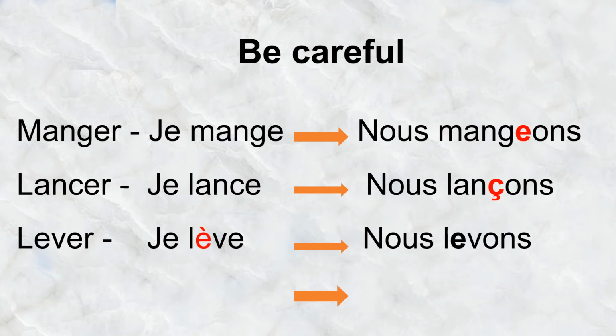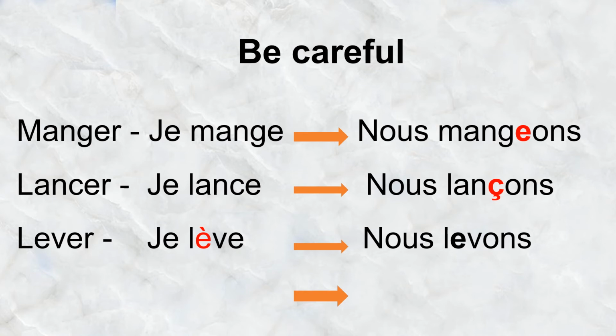For the verb lever, which means to lift, we don't have an accent here because the ER gives you the sound E. So we have a sound. But if you remove the R, there's no sound. So we have to have this lève. So je lève, tu lèves, il lève.